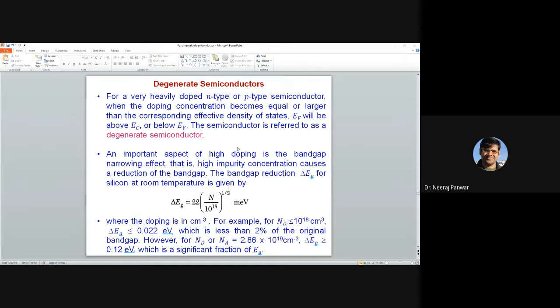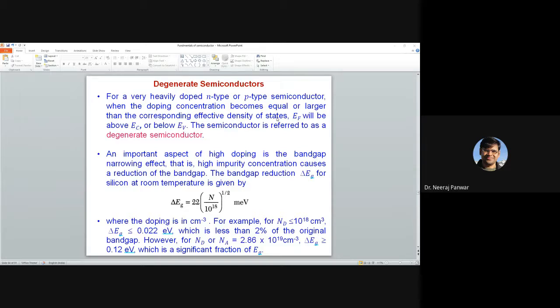When we keep on increasing the donor doping or acceptor doping, the donor or acceptor concentration becomes equal to or larger than the corresponding effective density of states, meaning the doping is very close to 10 to the power 18 or 10 to the power 19 per centimeter cube.